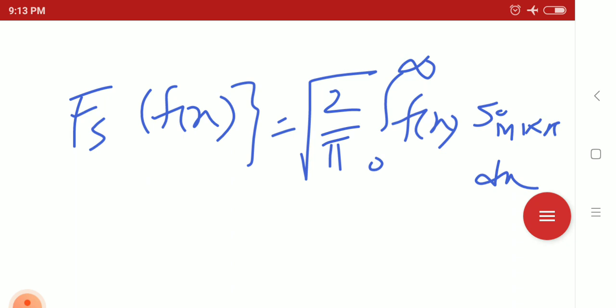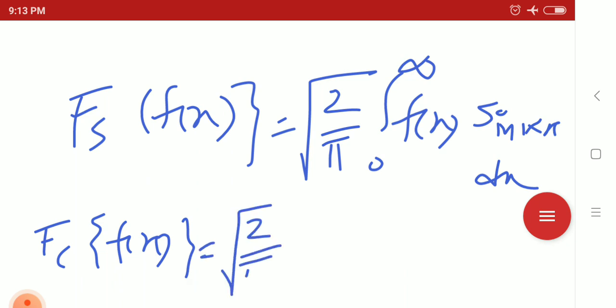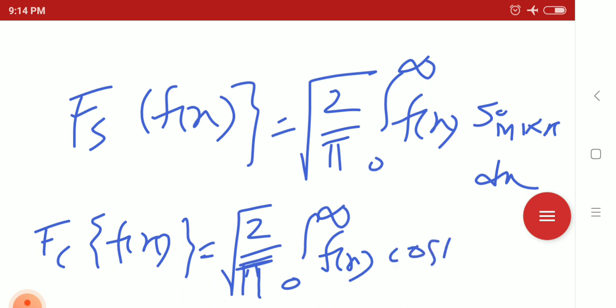Similarly, Fourier cosine transform can be written as root over 2 by pi, integration 0 to infinity, f of x cos kx dx.